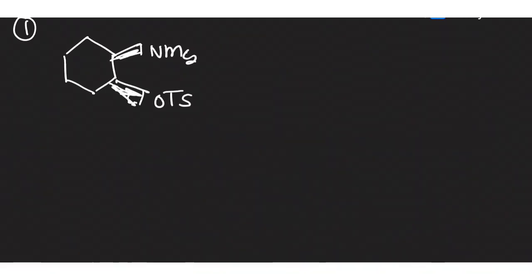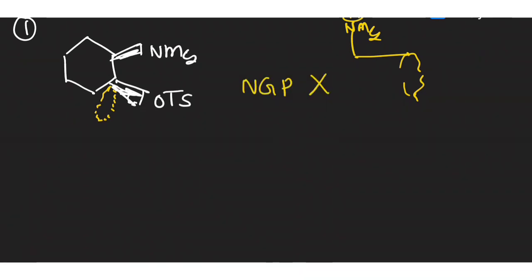That means they both are above the plane, and the sigma star of the leaving group lies below the plane. So NMe2 is above the plane and sigma star is below the plane. So here NMe2 cannot participate, and hence NGP, neighboring group participation, will not occur here.